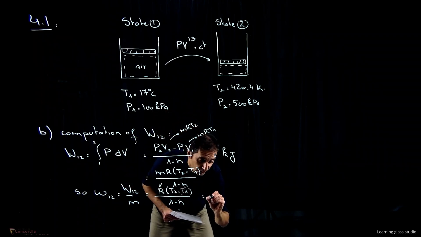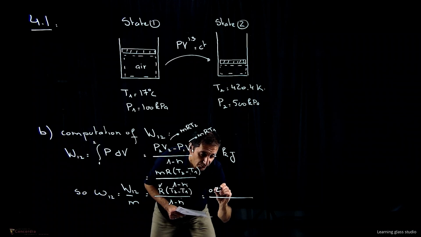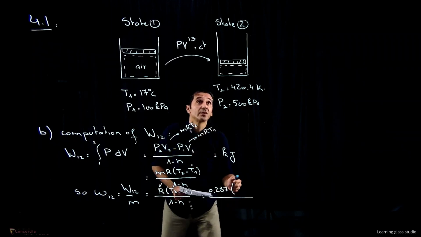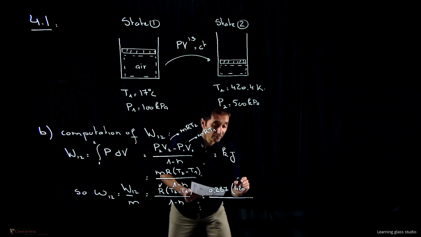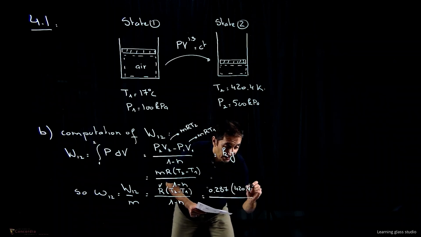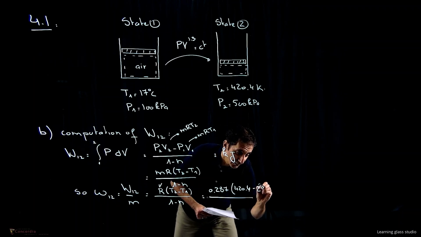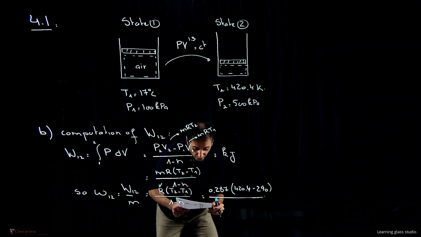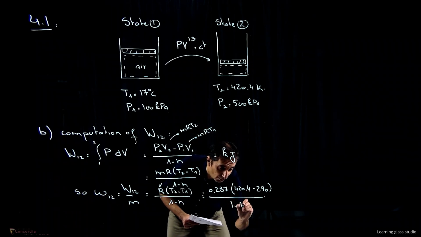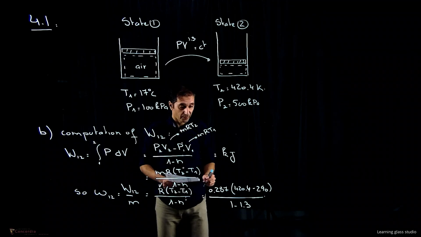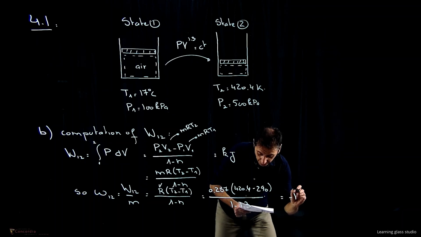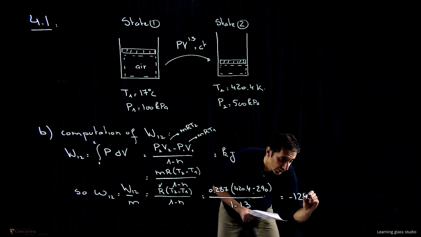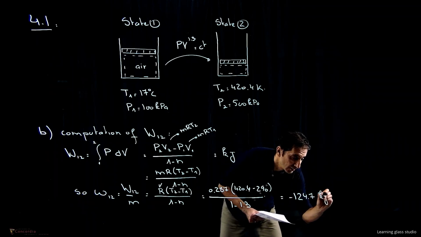So this will be equal to 0.287 cross (420.4 minus 290) over (1 minus 1.3). And this will give us a value which is minus 124.7 kilojoules per kilograms.